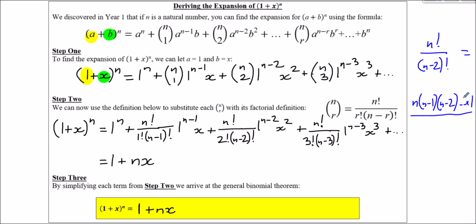On the bottom, we start from n minus 2, so I have n minus 2, n minus 3, n minus 4, and so on, all the way down to times n by 1. So the n minus 2s and lower would all cancel. So we'll just have n minus 1. So all this here will become n brackets n minus 1. But I'm still dividing by that 2 factorial.